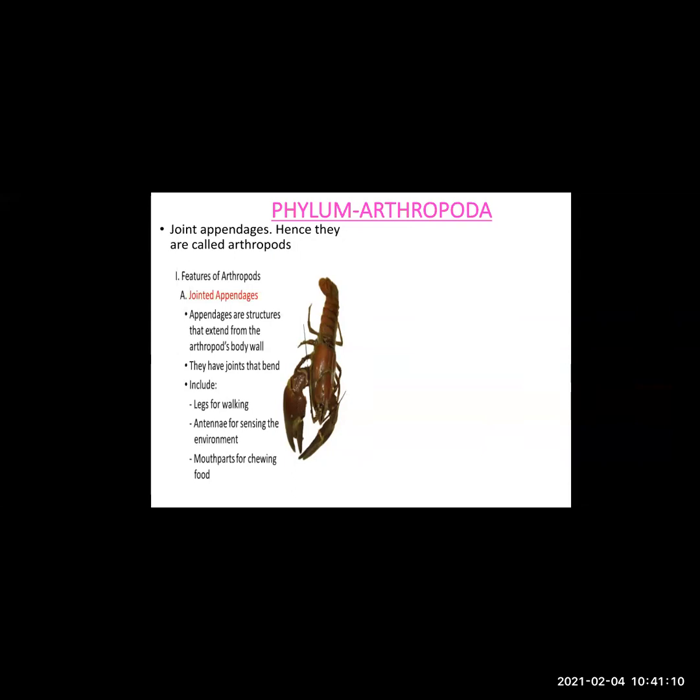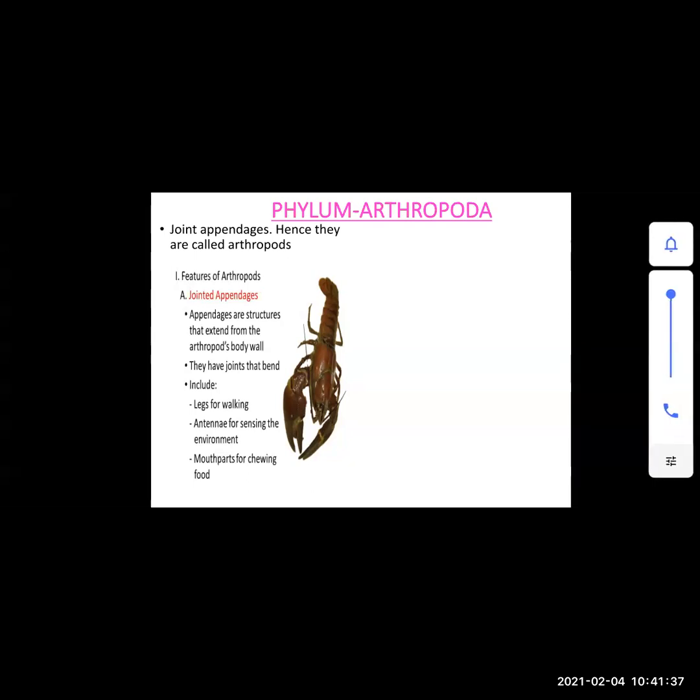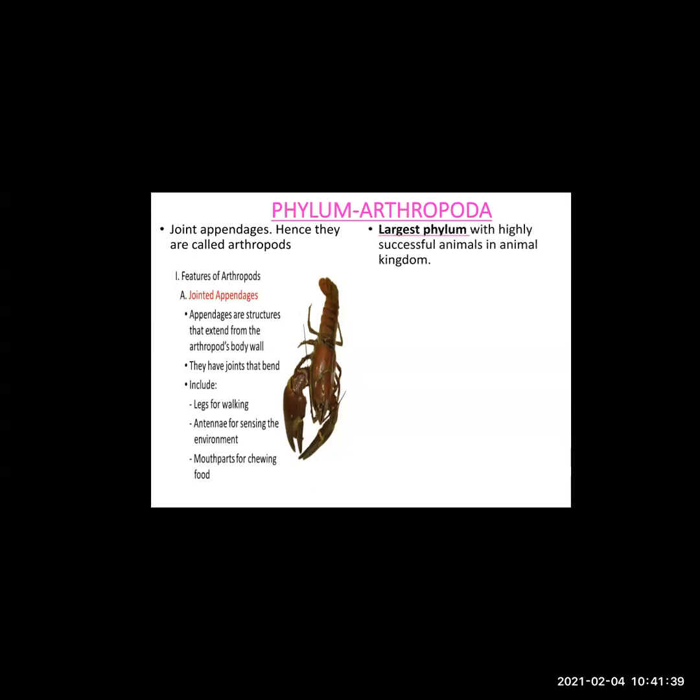These animals have antennas for sensing the environment. They even sense any danger or predator through the antennas. They also have mouth parts for chewing food. So these are the jointed appendages present in these animals. That's why they are called arthropods.